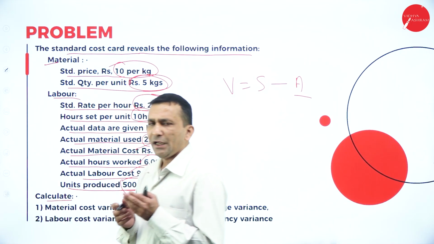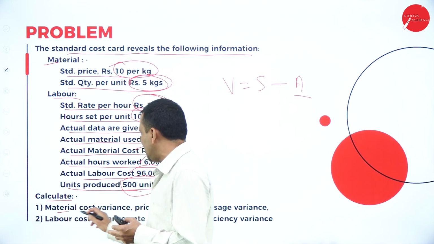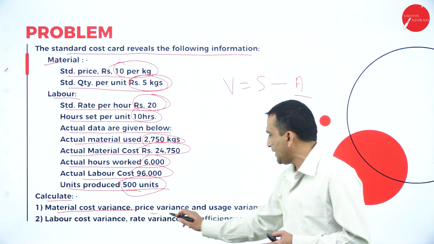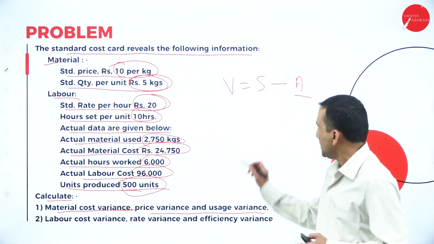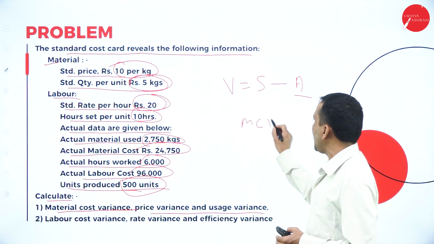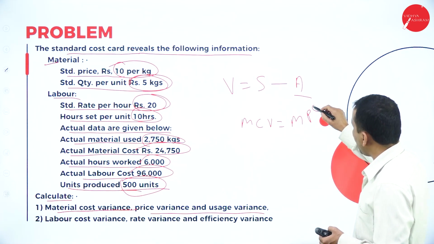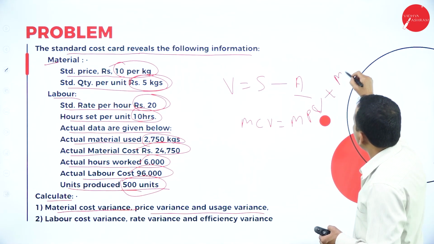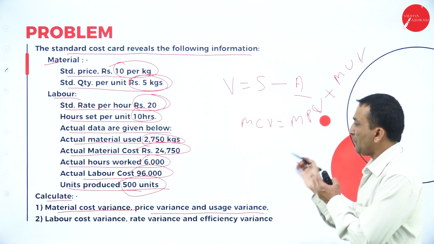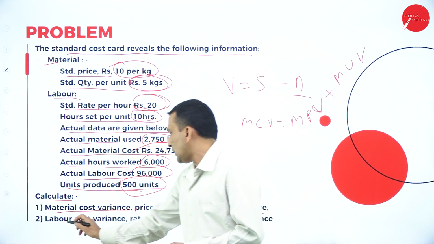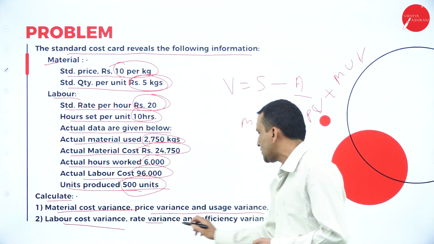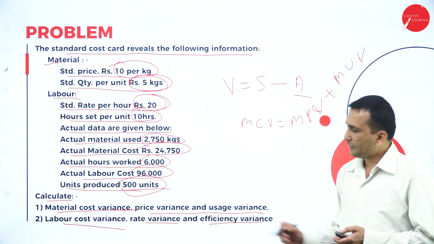Now you need to calculate the material cost variance, price variance and usage variance. So under material cost variance, we need to find out material price variance plus material usage variance. Okay, so both we need to find out. Again, the labor cost variance, and the rate and the efficiency variances, which are related.